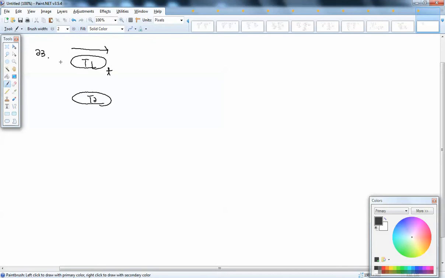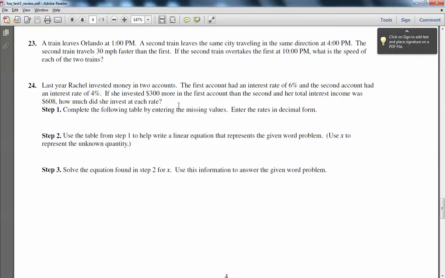So let's say this is the 4 p.m. train. If this one's been traveling a time of t, this would be t plus 3, because it left 3 hours earlier, so it's got an extra 3 hours.